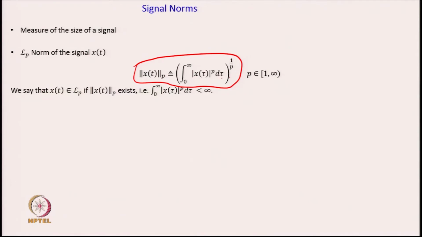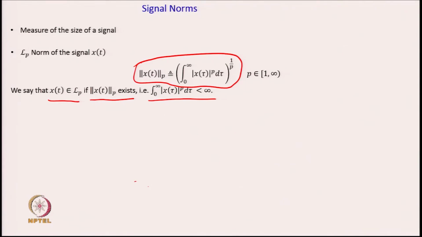It is defined as the integral from 0 to infinity of the absolute value of x raised to the power p, and then you take the pth root of the whole. We say that the signal x of t belongs to the space LP if its LP norm exists, that is, this integral is finite.